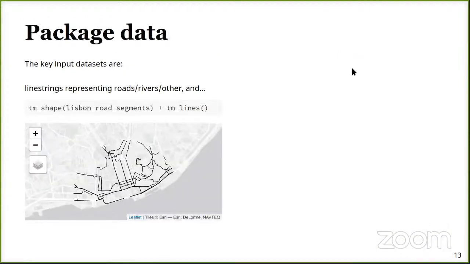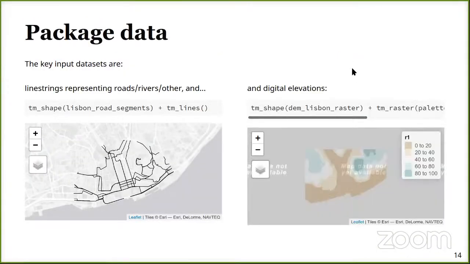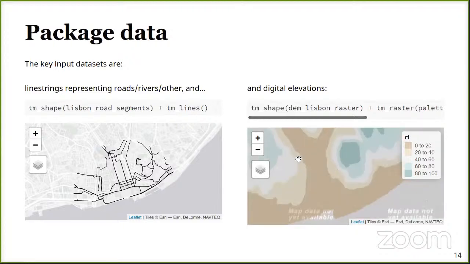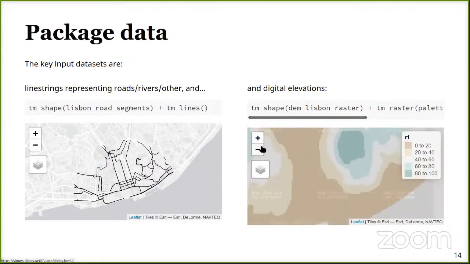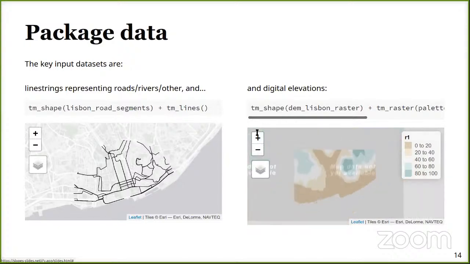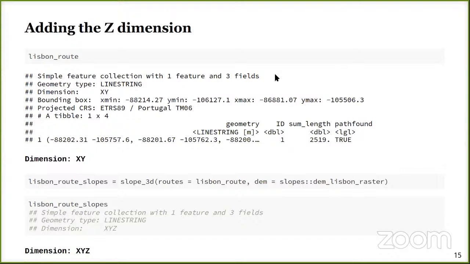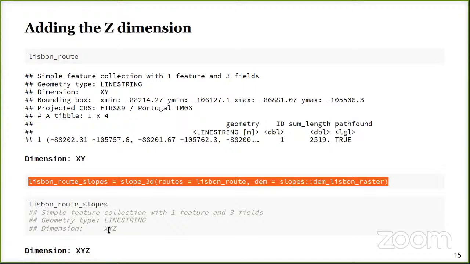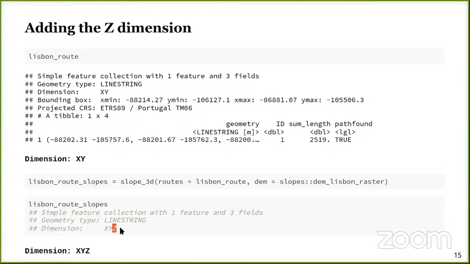So moving rapidly on, the 2 main inputs are linestrings. So this is like a route network. And then on the right, you have a map that is a raster image where you've got pixels with average height, and combine the 2 together. And with slope_3D, it's basically just adding the Z dimension.